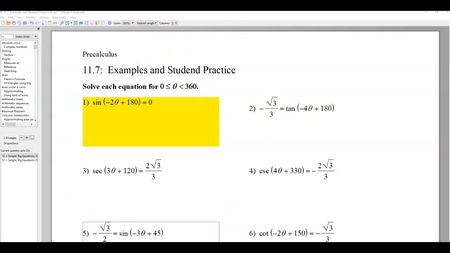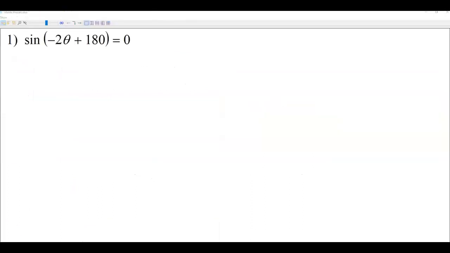Let's go ahead and get started on number 1. Okay, so sine of what equals 0? That's what we're looking for. And after we find that what, we're going to find out what theta would be to make that work. Okay, so let's go ahead and go through our steps that I gave you guys.